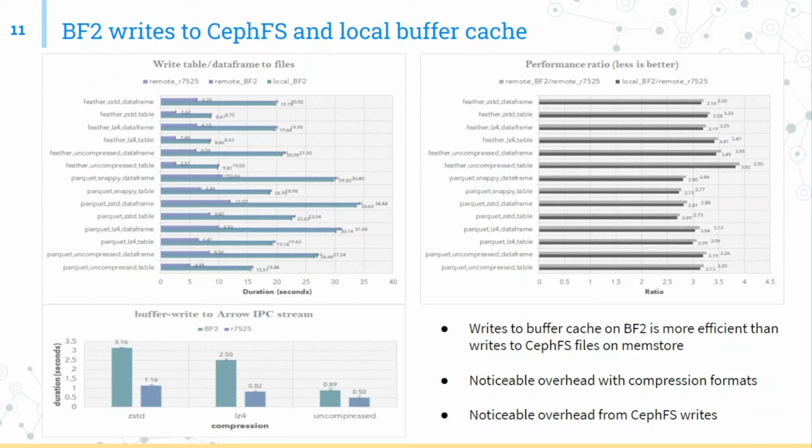Now let's take a look at the write operations and see how the performance gap between the Preview 2 card's performance and the host's performance under these operations is different from the gap under the read operations. The upper left figure shows the time taken to write Arrow record batches or Pandas data frames with different compression encodings to either Parquet or Arrow IPC files on CephFS.